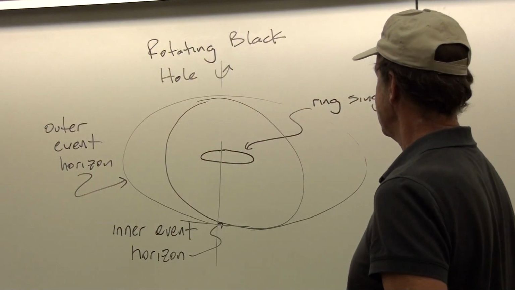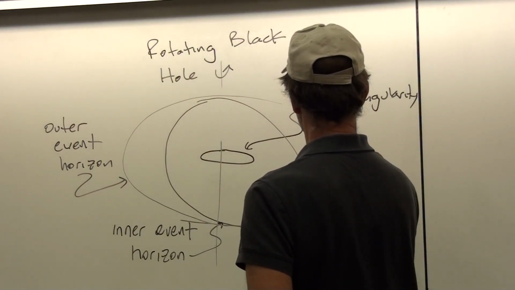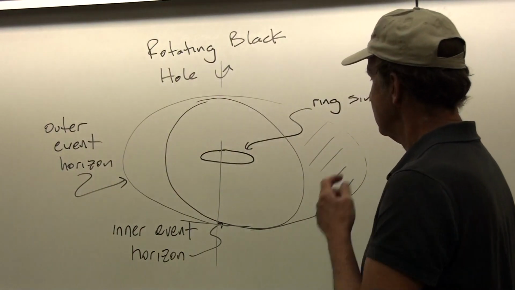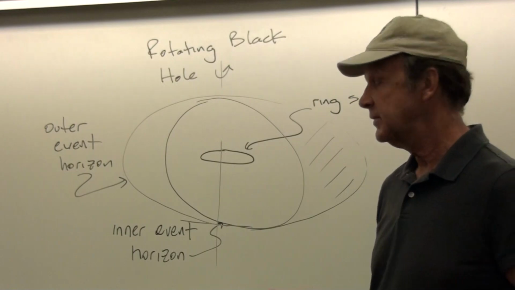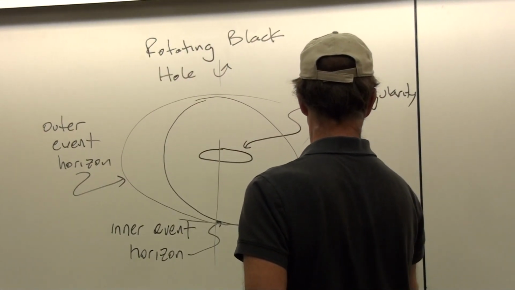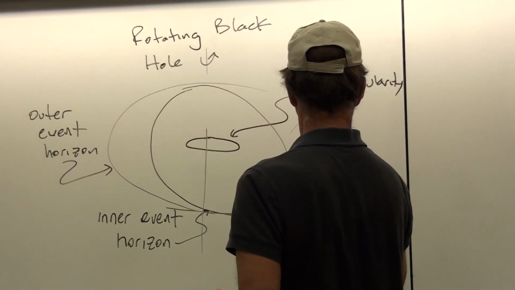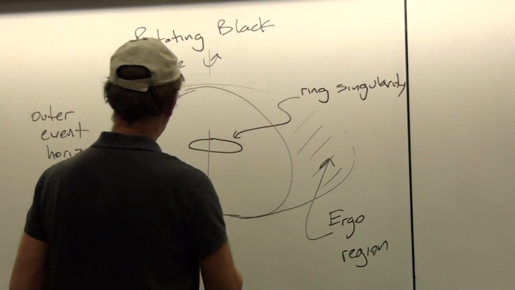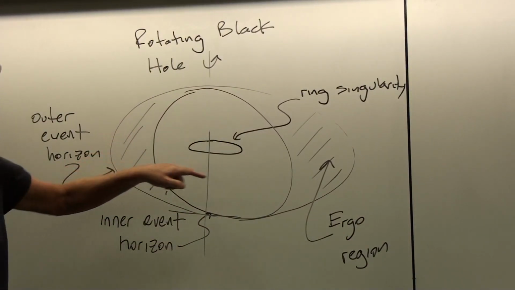And so the idea then is in this region between the inner event horizon and the outer event horizon, literally space and time is being dragged along with the black hole. This is called the ergo region. And it's impossible to stay motionless in this ergo region.